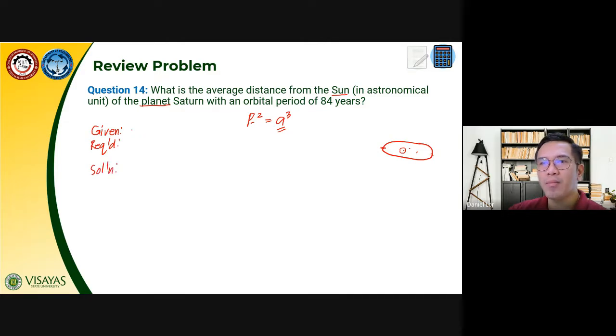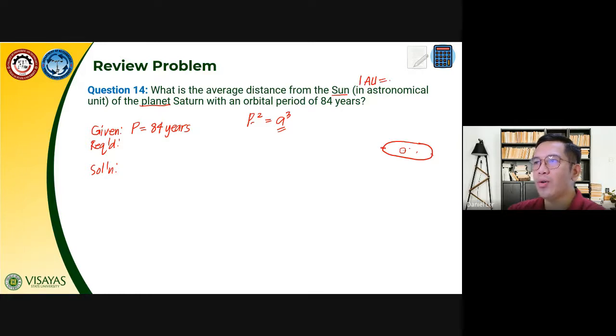For this problem, the only given is your orbital period P, which is equal to 84 years. Based on our previous discussion, if your orbital period is in years, you don't need to write the word years, because automatically your average distance, or A, your semi-major axis, is in AU.